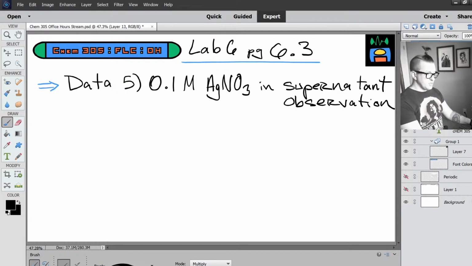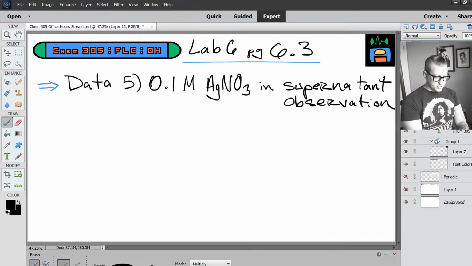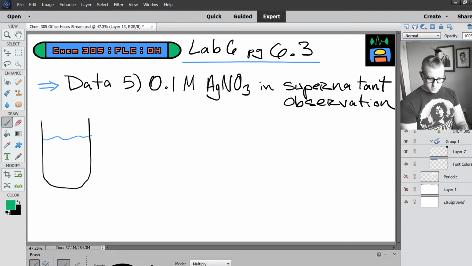Okay. So here for this part, Carolyn, there is no actual calculation. This is just a little bit of vocabulary to make sure we're all on the same page. So we have our solution, and this right here is our precipitate.